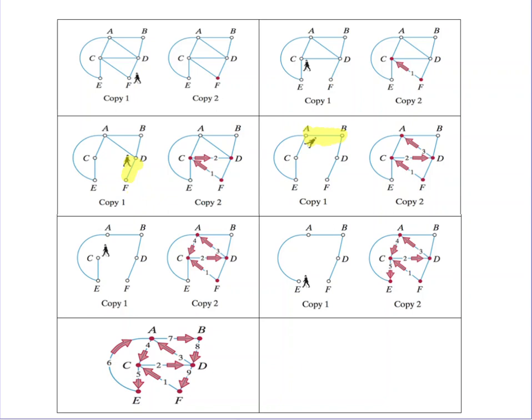So, let's try this on our own. Let's apply Fleury's algorithm to this graph. The first thing we have to determine is, can we make an Euler circuit or an Euler path? So we need to look at the degrees of the vertices.